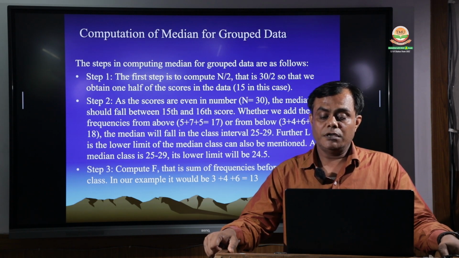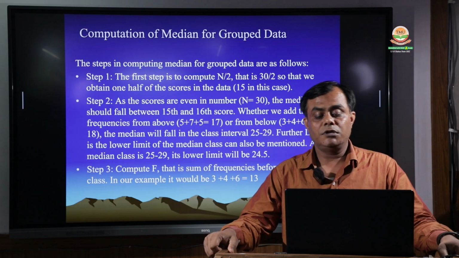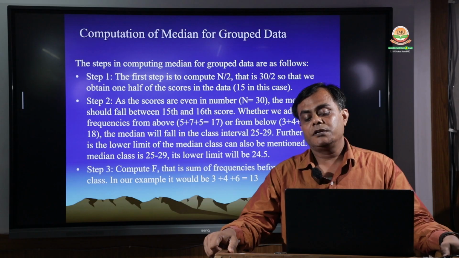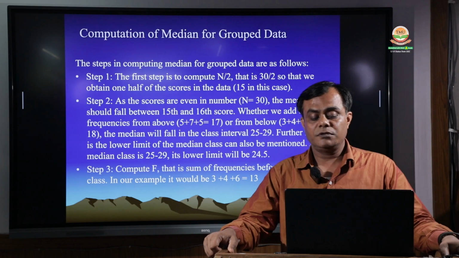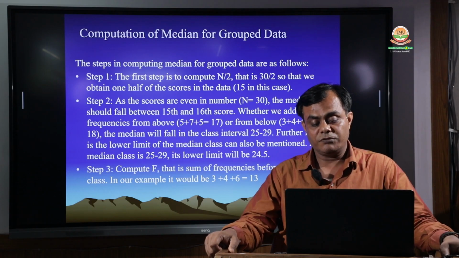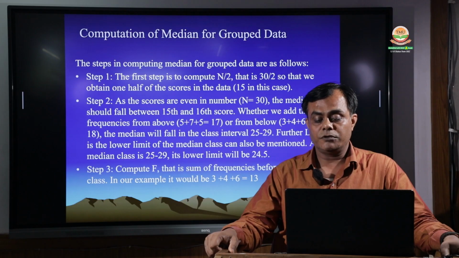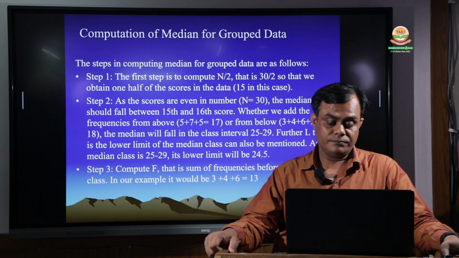Further, L, the lower limit of the median class, can also be mentioned. The median class is 25 to 29, and its lower limit will be 24.5.